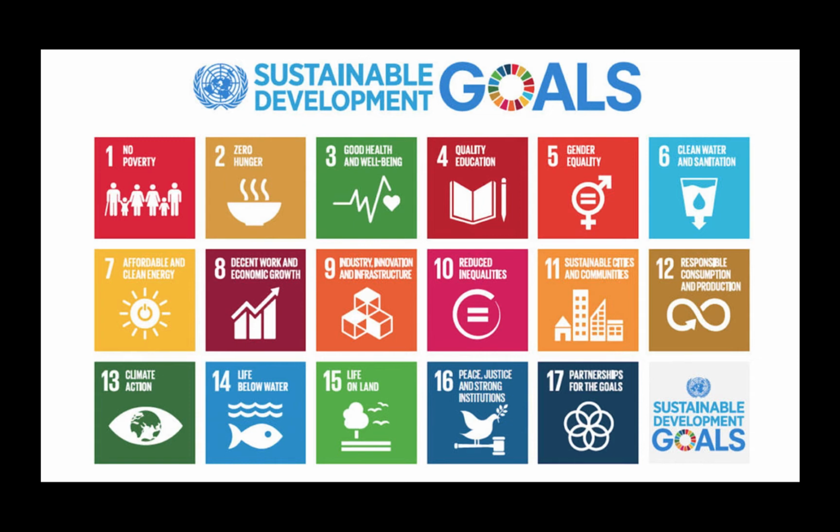The first is no poverty, zero hunger, good health and well-being, quality education, gender equality, clean water and sanitation, affordable and clean energy, decent work and economic growth. 9, industry, innovation, and infrastructure. 10 is reduced inequalities. 11, sustainable cities and communities. 12, responsible consumption and production. 13 is climate action. 14 is life below water. So that's protecting the animals in the sea. 15 is life on land. 16, peace, justice, and strong institutions. And 17 is partnership for goals.